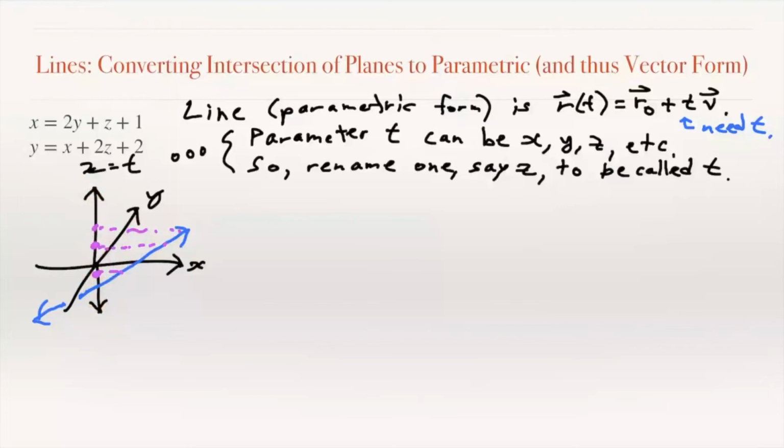So we can do this by renaming z to t using this visualization. And then we'll try to get everything in terms of t alone.